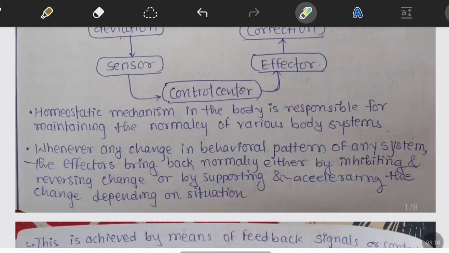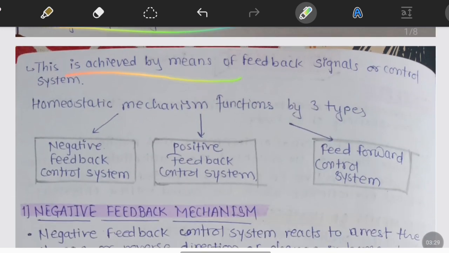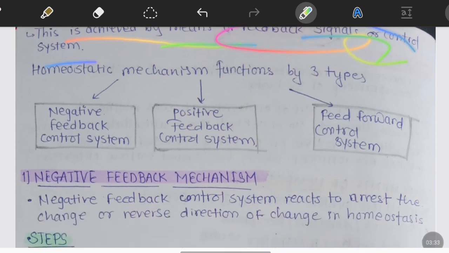It's all depending on the situation. This is achieved by means of feedback signals or control systems.